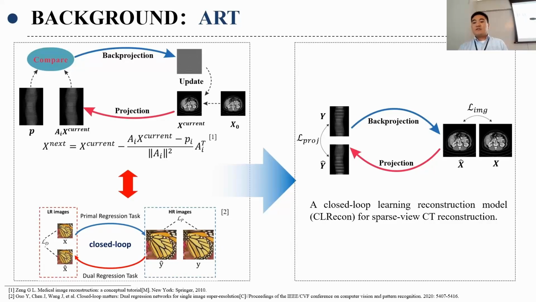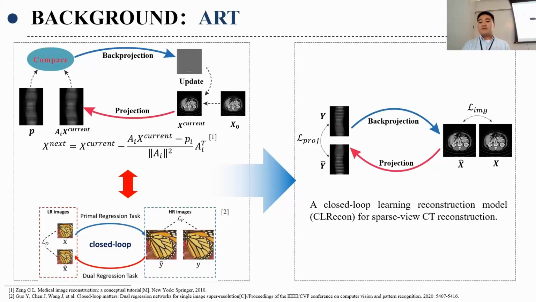The advantage of iterative reconstruction is that it exploits the consistency constraint between the reconstructed image and the original measurement data. That is, the projection data derived by forward projecting the reconstructed image should match the measured projection data, thus creating a closed loop reconstruction system.